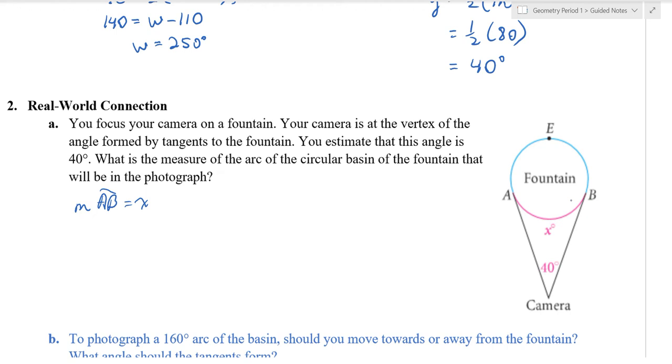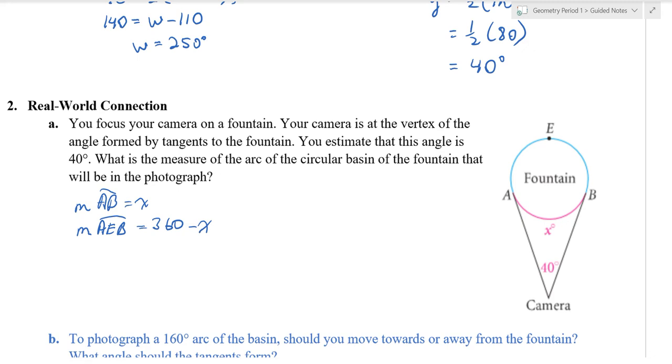So we can say that the measurement of arc AEB, and that is AEB right over there, equals 360 degrees minus whatever that piece of arc here labeled x. So it's going to be 360 minus x.